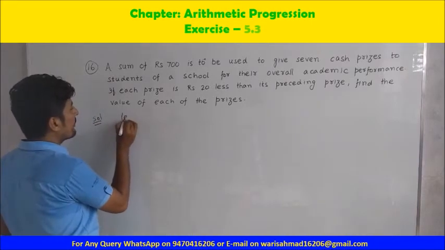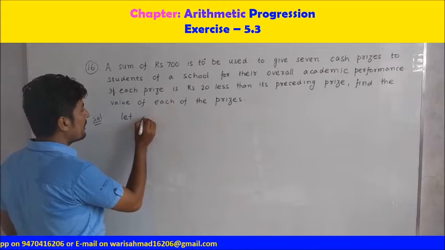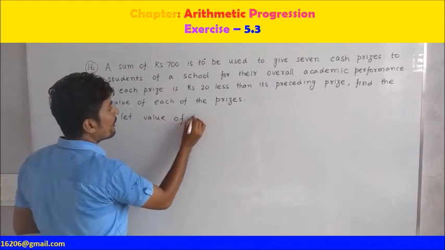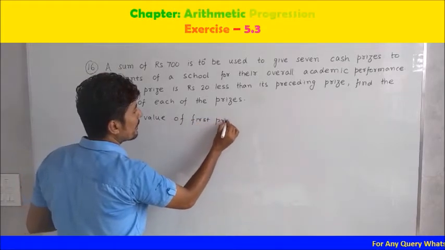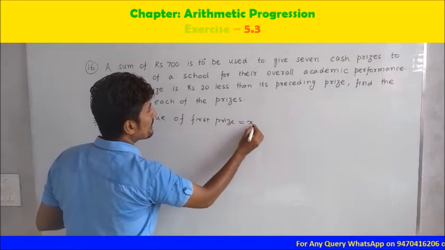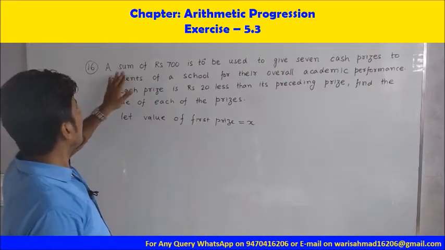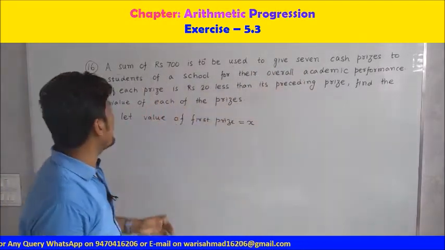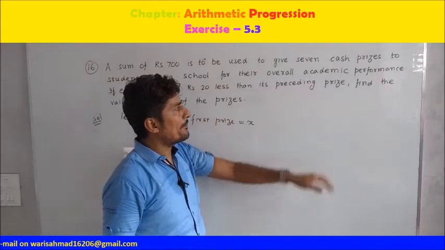Suppose the value of the first prize be X. Then according to the question, a sum of rupees 700 is to be used to give 7 cash prizes to the students of a school for their overall academic performance.